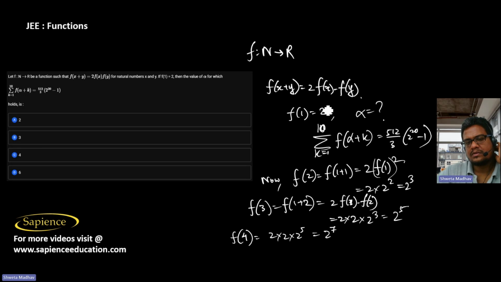Two ones are 2 minus 1. Okay, so this is 2 power 1. Therefore you can say f(k) will be equal to 2 power 2k minus 1. Therefore f(alpha + k) can be written as 2 power 2(alpha + k) minus 1.